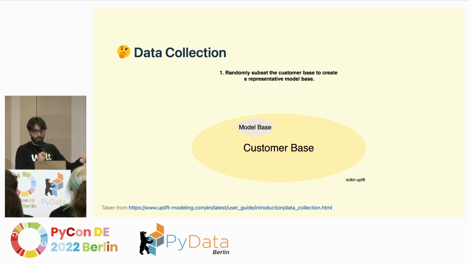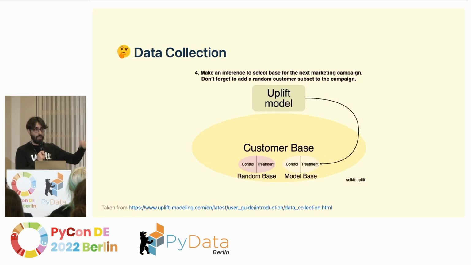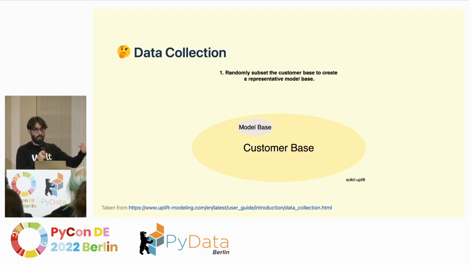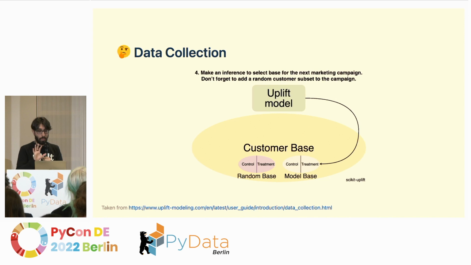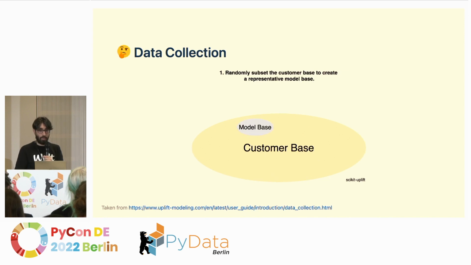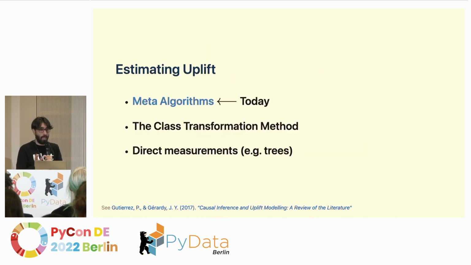It is recommended that in this second step, you still do a control and treatment split so that you keep enlarging your training data, right? Because you still want to keep doing this as campaigns go on. So yeah, the data collection is the tricky part because you need to ensure that the unconfoundedness assumption actually holds.